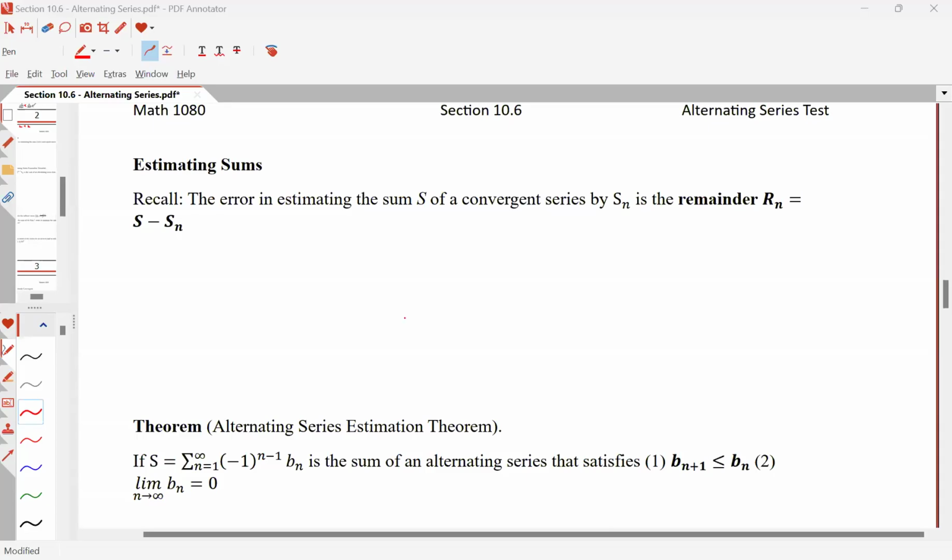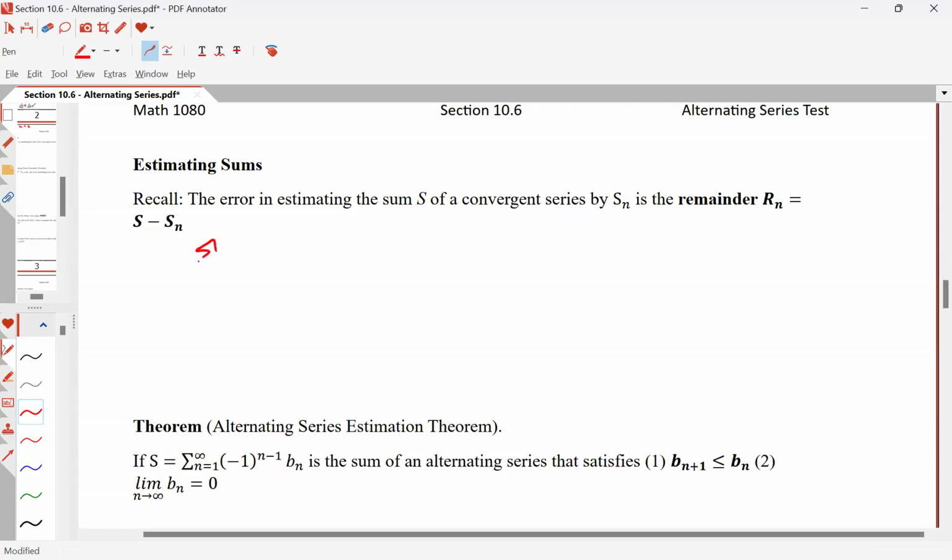Hello, in this video, we are looking at estimating the sum of an alternating series. Recall from the integral test videos, section 10.4, that the error in estimating the sum of a convergent series by the nth partial sum is Rn equals S minus S sub n.